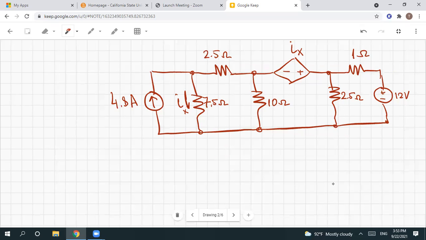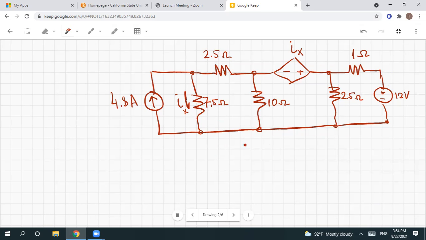They should be more than the essential nodes. Wait, there's, I guess, 6 nodes total. This is 1, this is 2, this is 3, this is 4, and here we have 5, right? So a node is connecting 2 or more simple circuit elements.